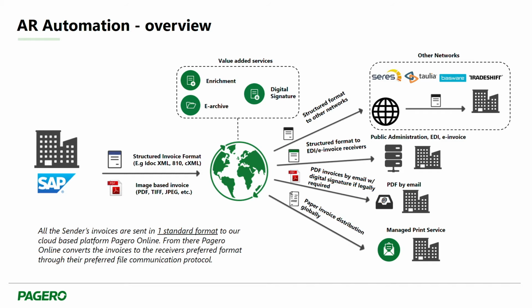And we can also help you with enrichment services in order for you to fulfill customer specific requirements when it comes to content, because this can be quite tricky when you work with e-invoicing in general, that your clients will have different requirements when it comes to content. So instead of you having to set up multiple customizations on your end, you send the invoice as it is to Pagero, and we add or change or remove that information before we send it to the client.